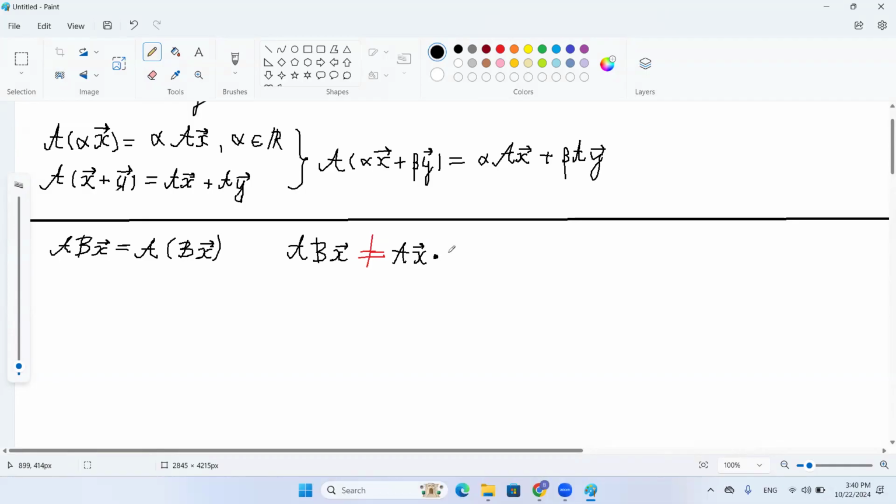But generally speaking, no. So it doesn't mean a product of operators. Operators are applied to elements. So it doesn't equal AX multiplied by BX. And the power of an operator means that we apply it twice.